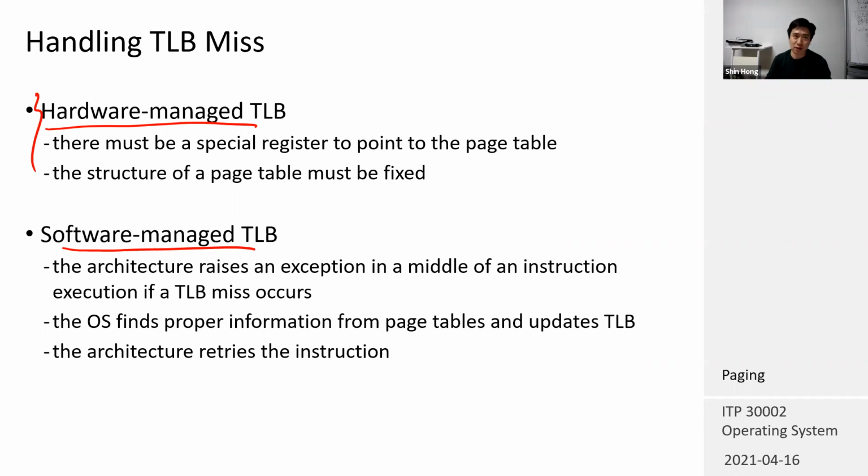The architecture requests the operating system to place the page table only in a fixed location, and there is not much freedom for managing its structure. Everything is prefixed by the computer architecture.